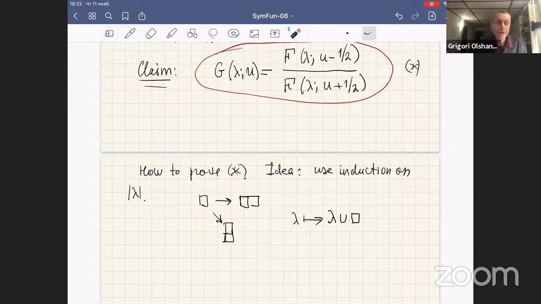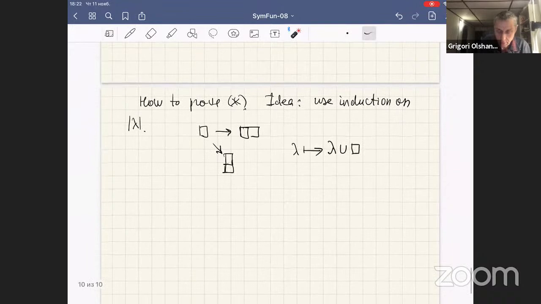There is some rearrangement, a little rearrangement on the left and on the right. In fact, after adding a box, this function is multiplied by a simple expression, and then we verify that the right-hand side is also multiplied by the same expression. And why does this happen?